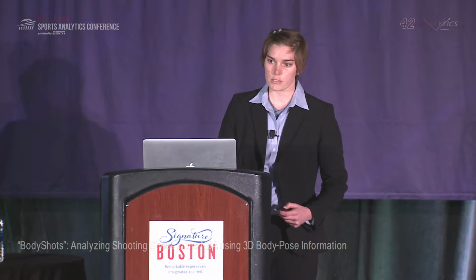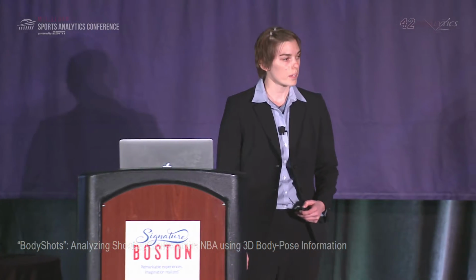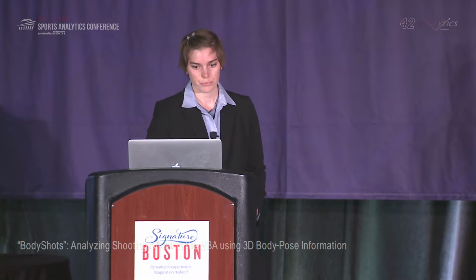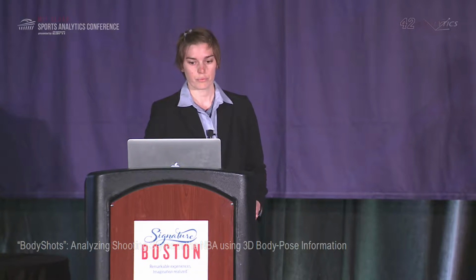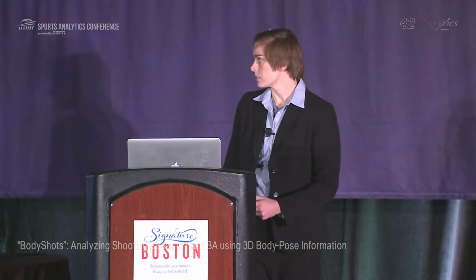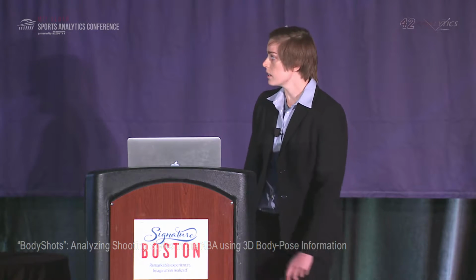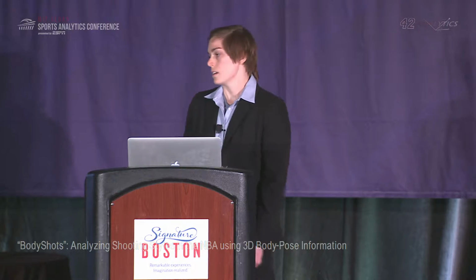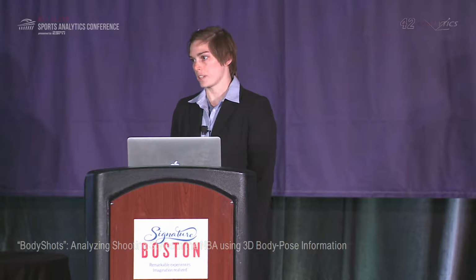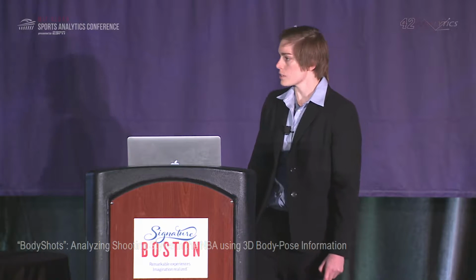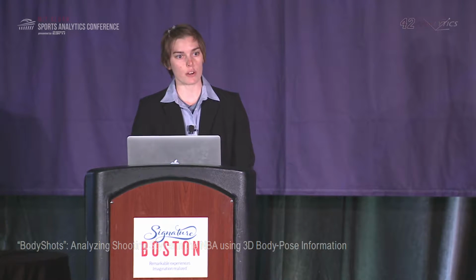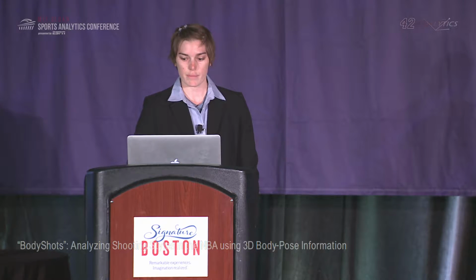Now, in order to really understand what's happening, we need to actually look at the pixels. So let's take a look at the same possession from the perspective of the SportView video recording. There we see that he has to bend over in order to recover a poorly placed pass, right?